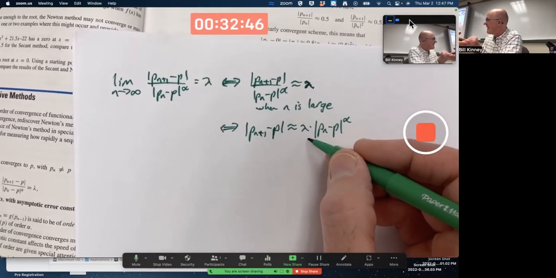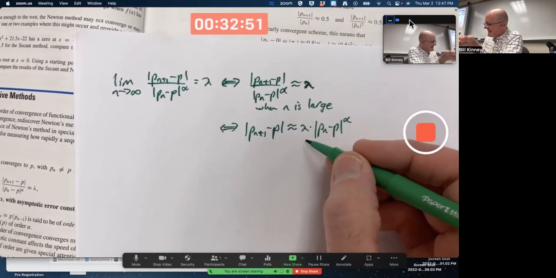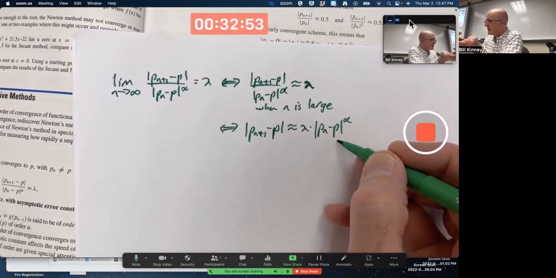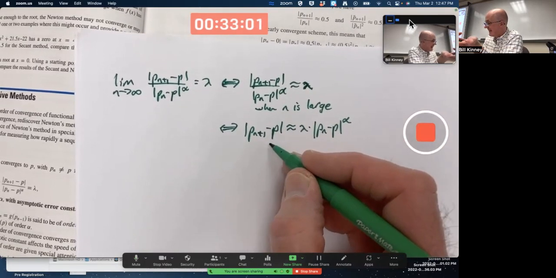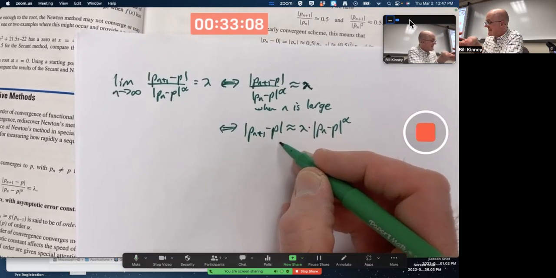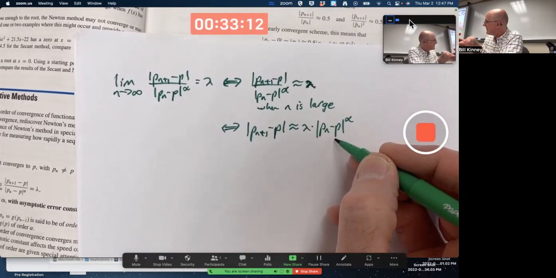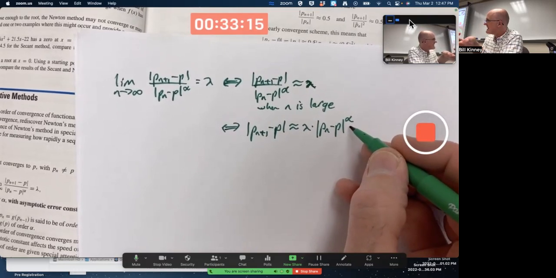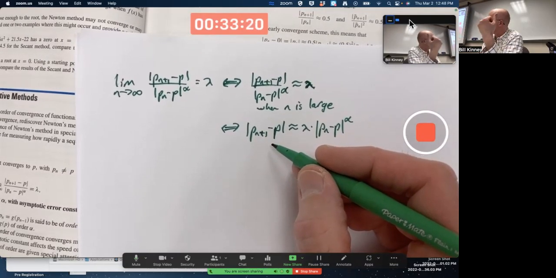Lambda could be big, but even if it were big, as long as alpha is big, this number is going to be fairly small when Pn is really close to P. So effectively the distance between the next iterate and the true answer, the true fixed point of G or root of F, is smaller than the distance between Pn and P. And the bigger alpha is, the smaller this is. It's the way to think about this intuitively.